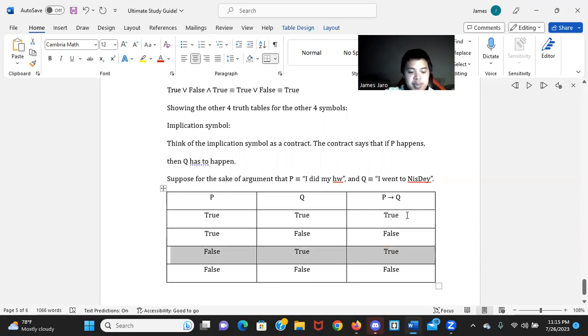The idea is that there's nothing in the contract that says what happens if the first event does not happen. In the discrete world, or the logic world, we call this vacuously true.